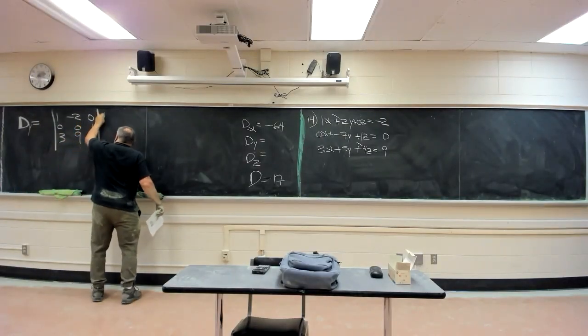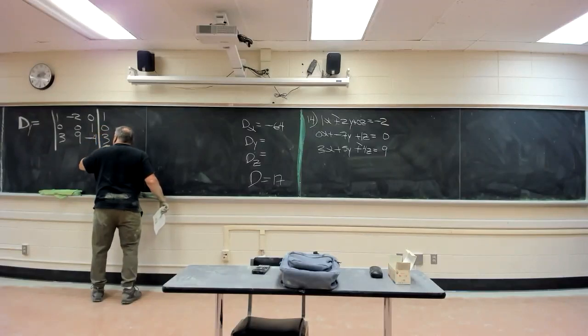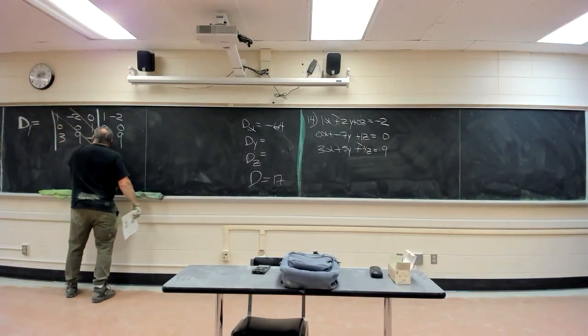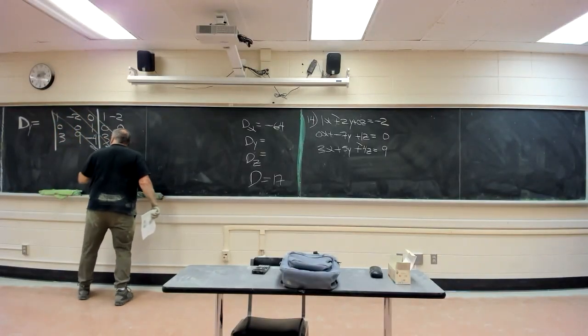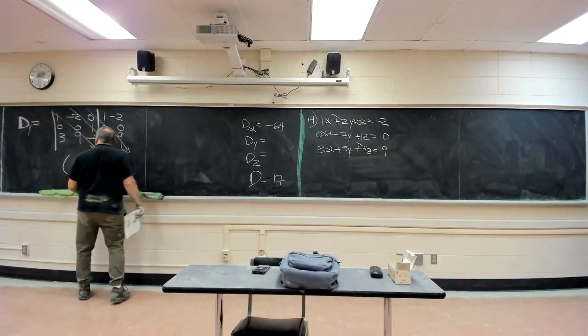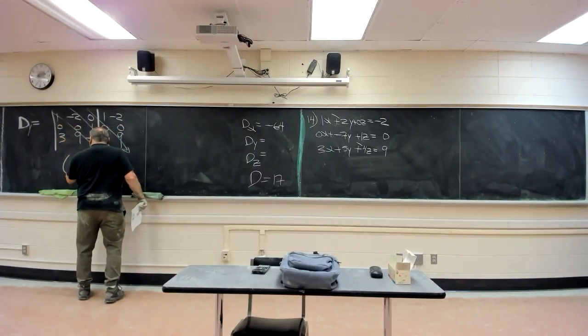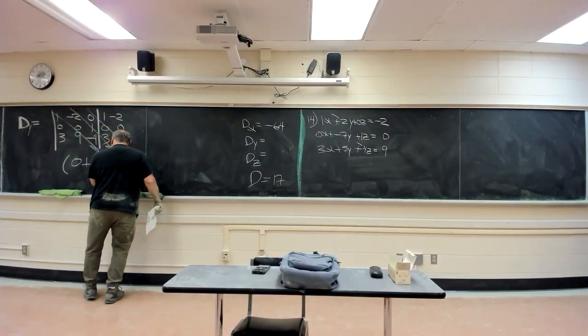Let's take these two columns, the first two columns, bring them over. Let's go for it. We got 1 times 0 times negative 4 is 0. We got negative 2 times 1 times 3 is negative 6.